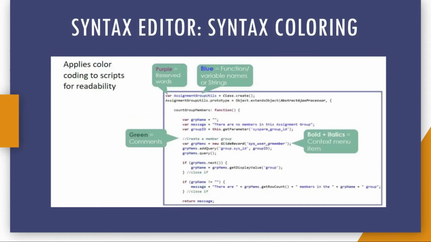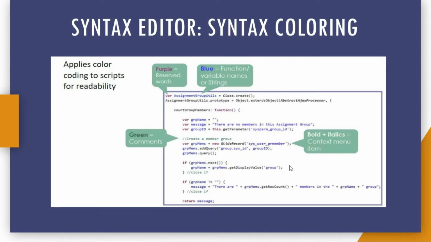So let's move further and see how syntax coloring is applied to our code. As you can see, color coding is applied to the script for reading purposes. Suppose green is used for comments, purple is for reserved words, and blue is for function or variable names or strings. Bold plus italics means a context menu item like sys_user_grmember.